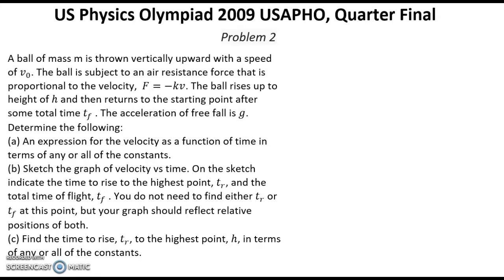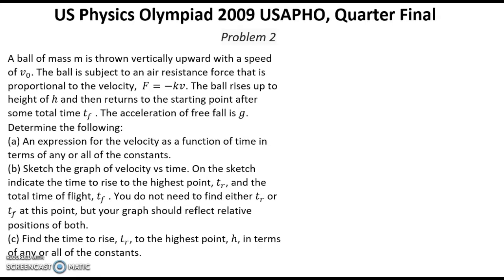You do not need to find either tr or tf at this point, but your graph should reflect relative positions of both. C. Find the time to rise tr to the highest point h in terms of any or all of the constants.